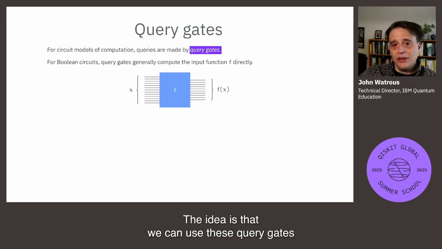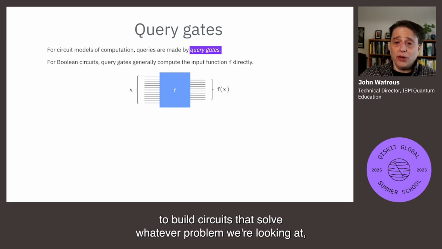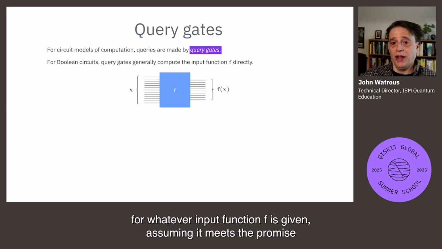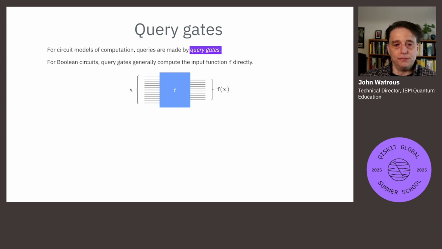The idea is that we can use these query gates to build circuits that solve whatever problem we're looking at, and in order to work correctly, the circuits have to give the right answer for whatever input function f is given, assuming it meets the promise in the case of a promise problem.